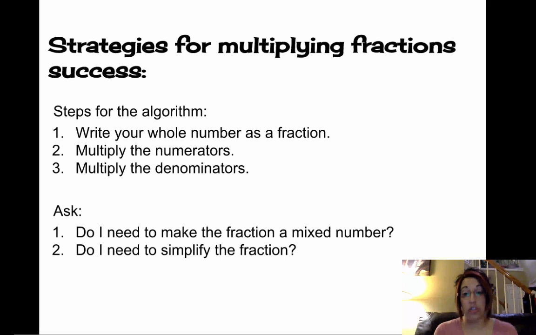Oftentimes when we're multiplying two fractions, our answer will be less than 1, so we do not need to. And then ask yourself, do I need to simplify the fraction? These are the two questions that you need to always ask at the end to make sure that you've done all of your math work. So let's pull up a whiteboard and start some practice here.